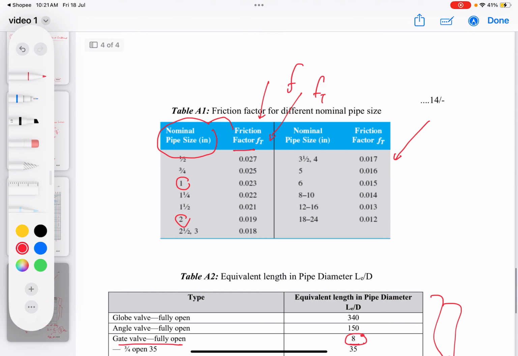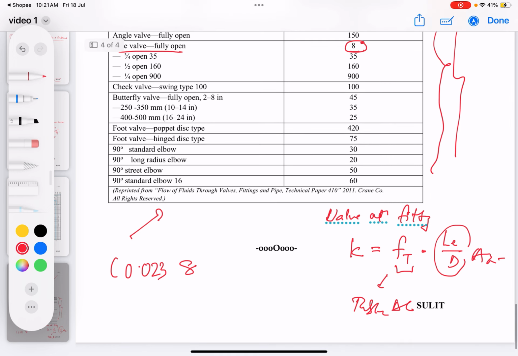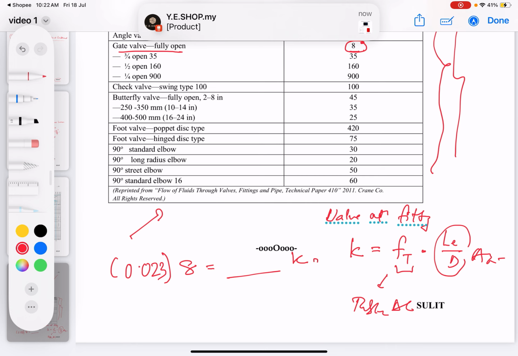Let's say my pipe fitting nominal pipe size was 2 inch. Now my FT is going to be 0.023. So I simply multiply 0.023 by 8, and it's going to be a certain value. This value is going to be my K.